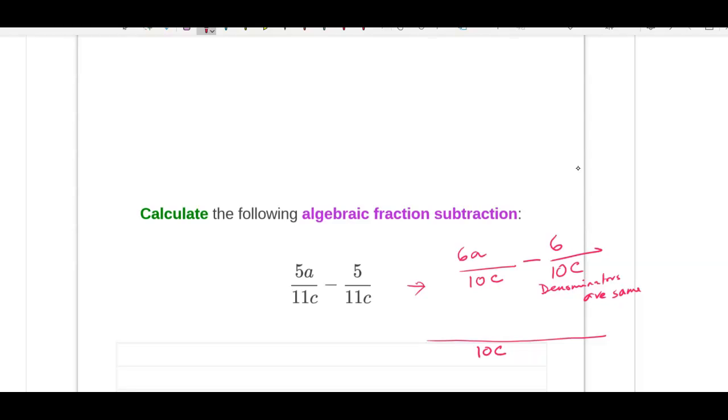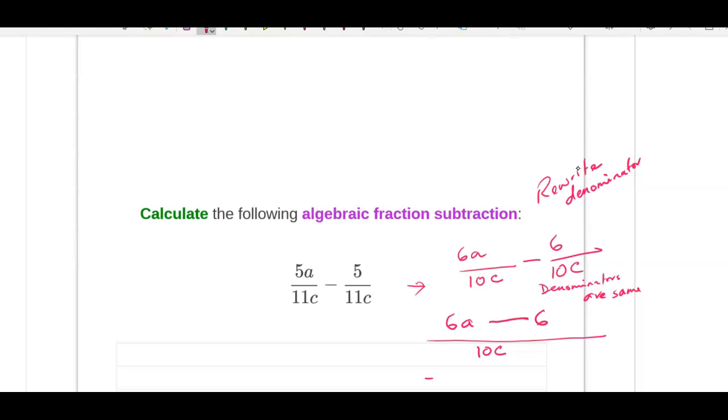You simply rewrite the denominator. This is not the time, well, to multiply or do whatever. You simply rewrite the denominator, right? And then you subtract 6 from 6a.